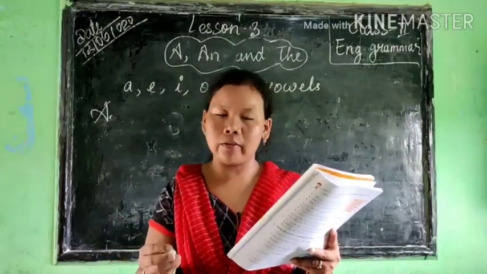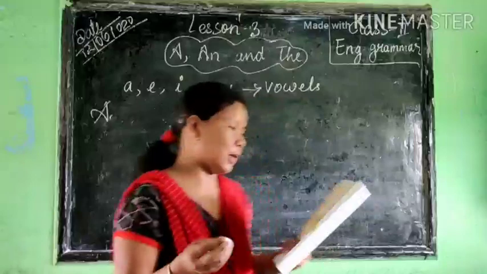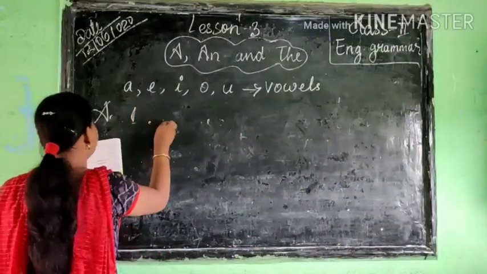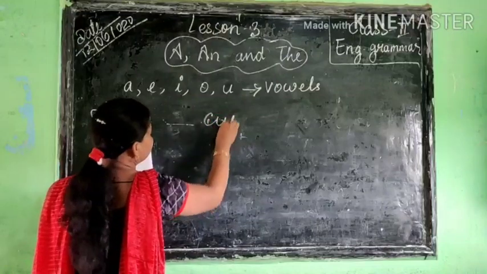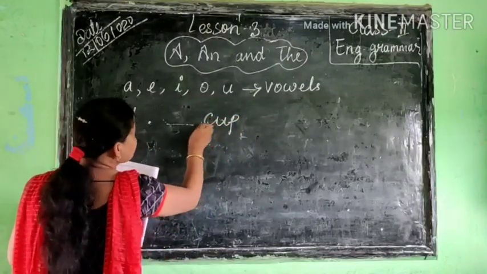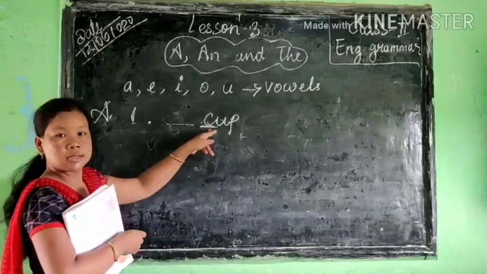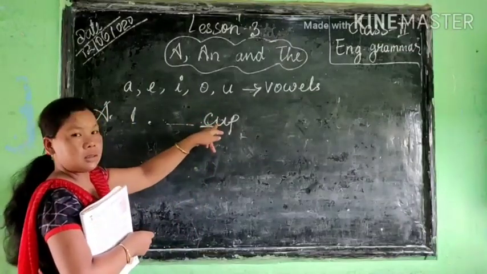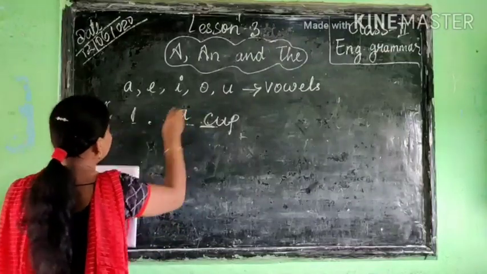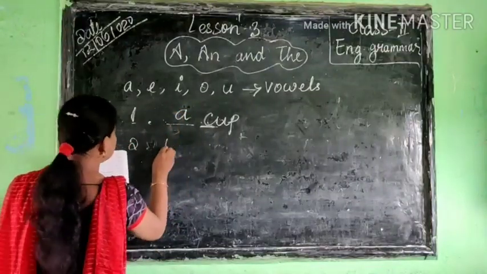If it is a vowel we have to use an. Okay, first number is cup. The first letter is what? C. Is it a vowel? No, C is not a vowel. So what do we have to use here? A. Okay. Second number is umbrella.